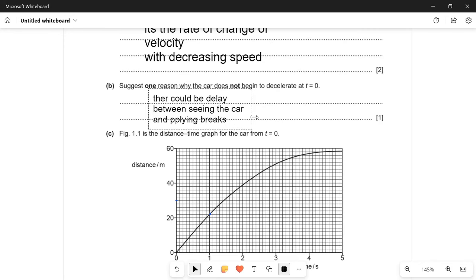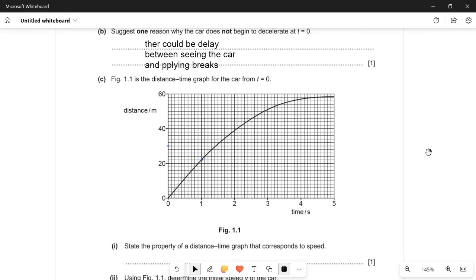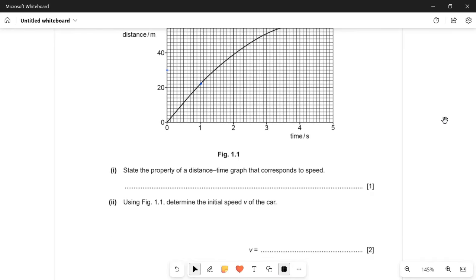So we can move on to the next question. Figure 1.1 is the distance time graph for the car from t equals 0. So from t equals 0, it's going to be curving, and the slope of the curve is going to be decreasing. Part i: state the property of the distance time graph that corresponds to speed.